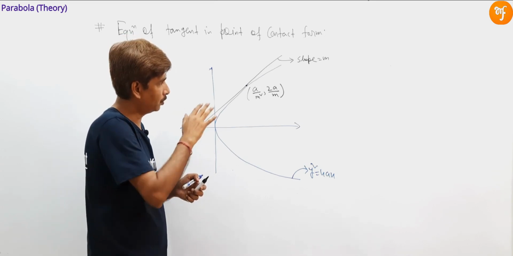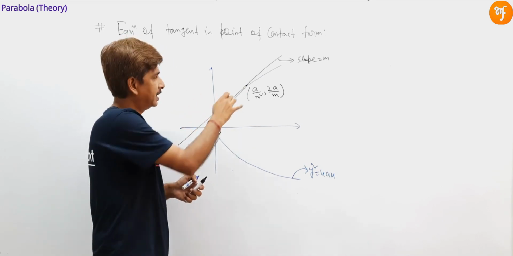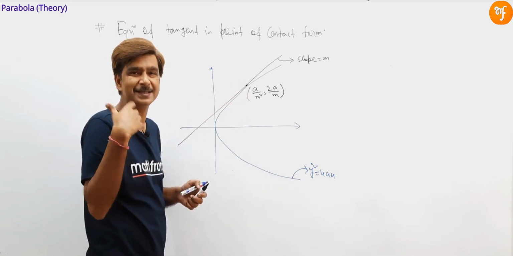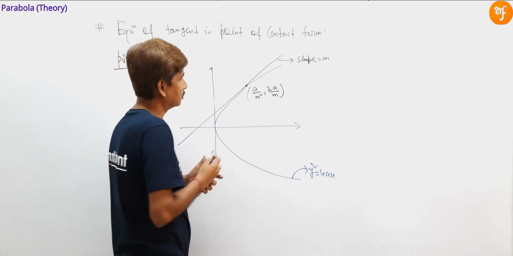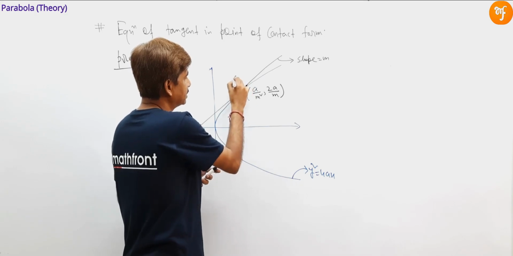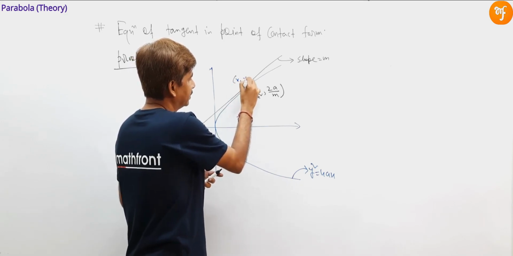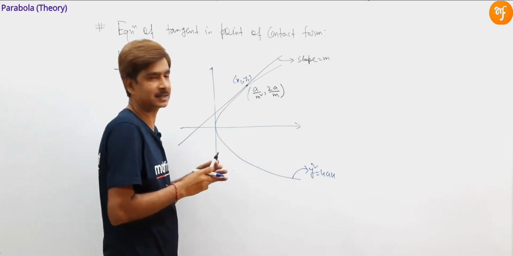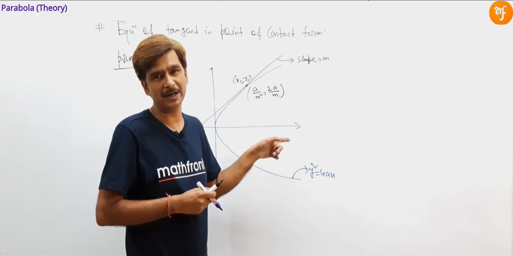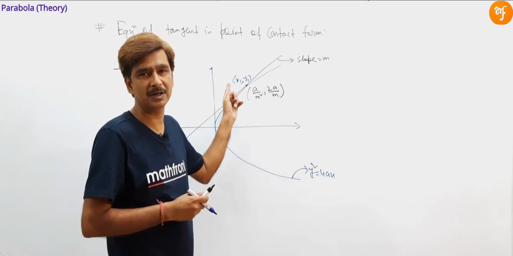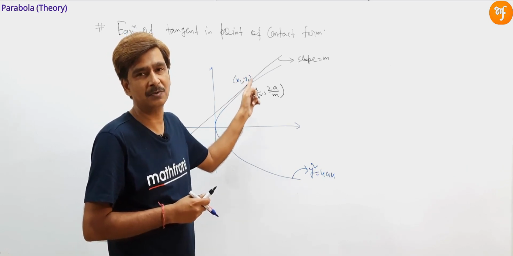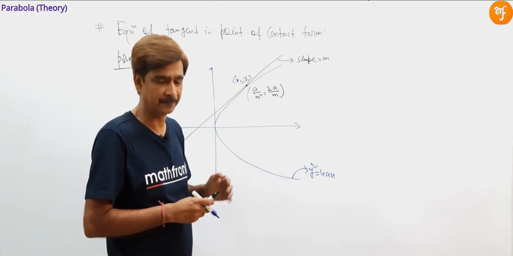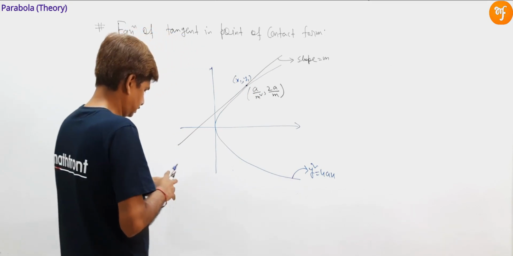Now, we are considering that the point of contact here is x1 comma y1. So x1 comma y1 is nothing but a by m square comma 2a by m, that is x1 is equal to a by m square and y1 is equal to 2a by m.